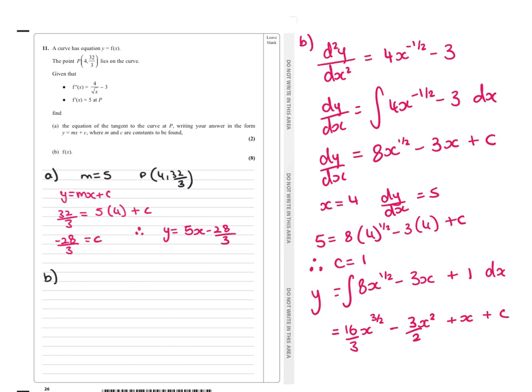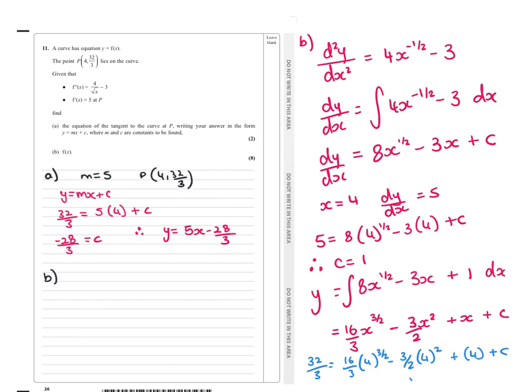Now, what do we know? Again, using the fact that this point lies on the curve, we know that when x equals 4, y equals 32 over 3. So I can use that point to substitute in. So I then know 32 over 3 equals 16 over 3 lots of 4 to the power of 3 over 2, minus 3 over 2 lots of 4 to the power of 2, plus 4, plus c.